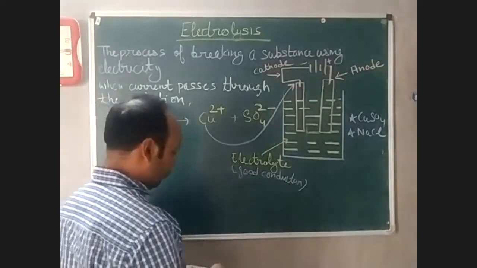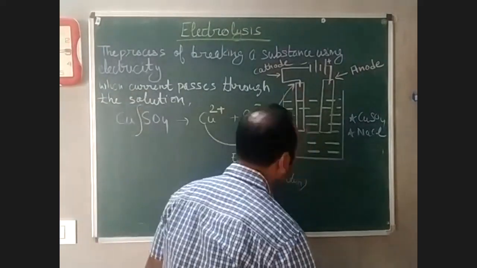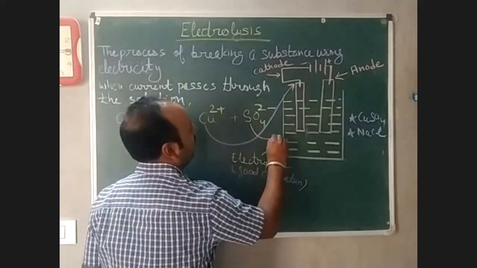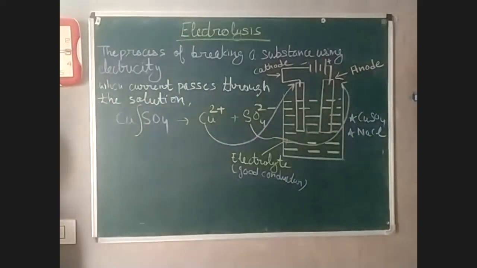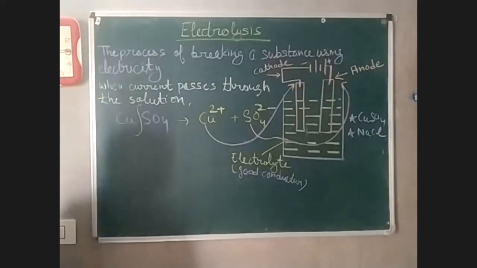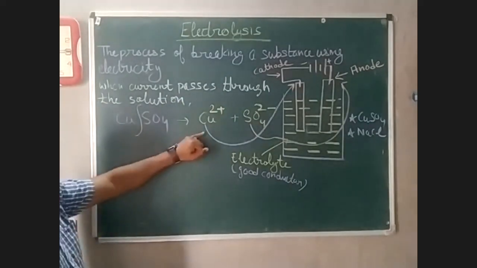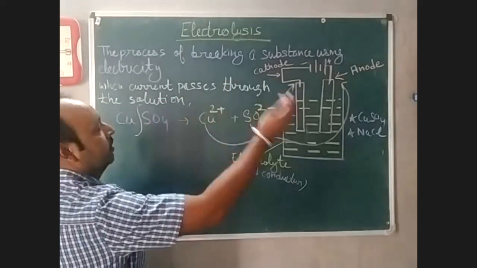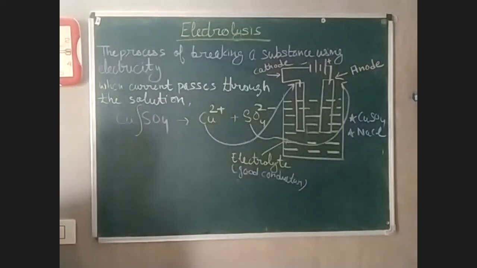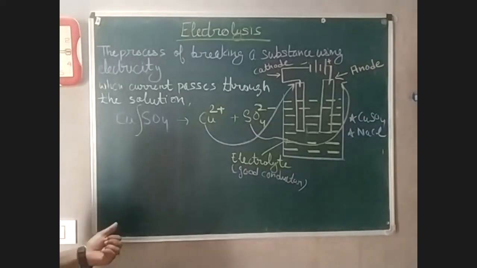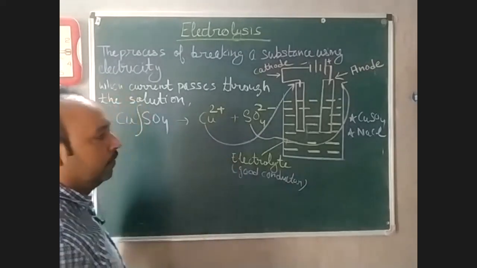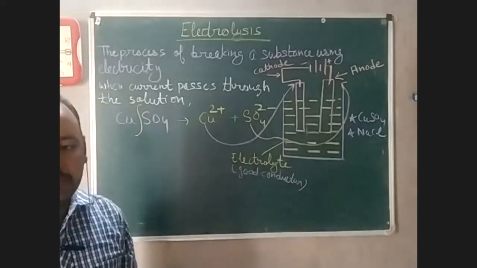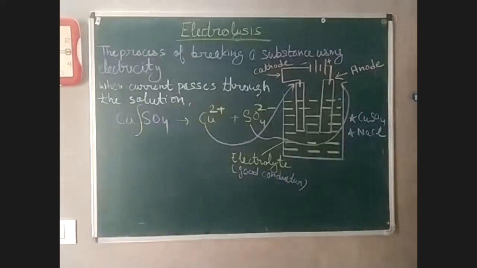And sulfate, SO4 2 negative, will be attracted toward the positive rod because it is negatively charged. The positively charged ions move towards the cathode and the negatively charged ions move towards the anode. So how can we remember them?